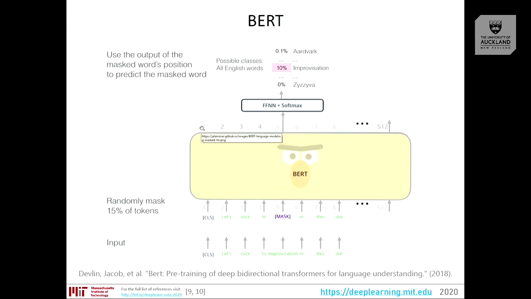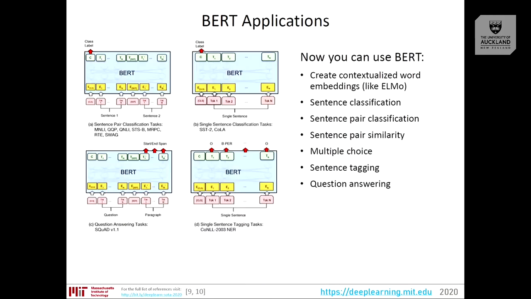So once you train this, you can use this first token as a representation of the entire sentence. Let's say you need to classify a sentence into negative or positive sentiment. You don't need to use all these representations. You just use the first representation and send it through a classifier, like a linear layer.